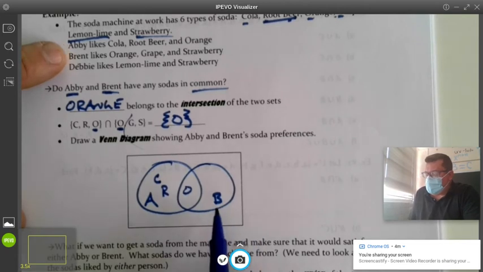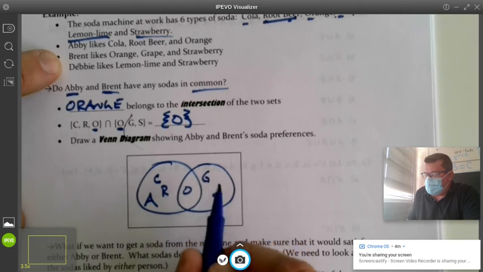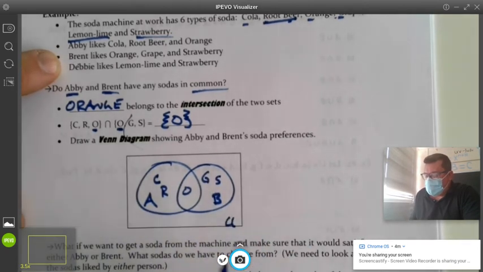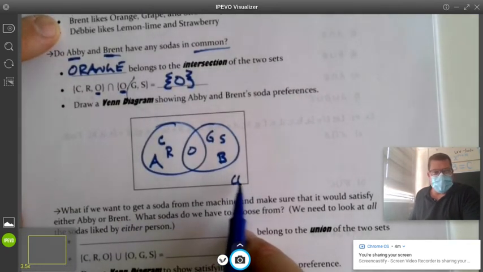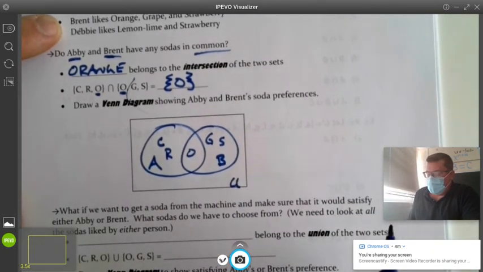Fill out the rest of Brent's likes, orange, grape, and strawberry. And then dangling out here in the universal set, remember when we call the universal set, it's the letter U. Don't get that confused with the symbol for union that doesn't have the tail.